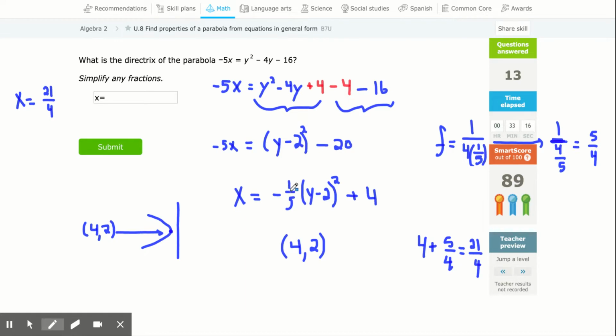Well, the a value is 1/5, so 4 times 1/5, so I have 1 over 4/5, which when it flips, is 5/4. So I need to add 5/4 to this x value because I need to move to the right of the vertex. So I add 5/4 to the x value, which gives me 21/4. So my directrix is going to be the equation x equals 21/4.